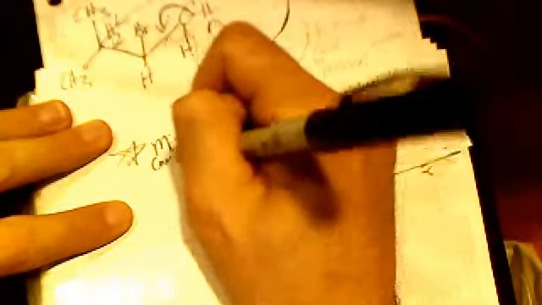However, I believe that this route on top would be favored and is more likely because it's taking the hydrogen from the more substituted carbon. It's kind of an educated guess, right?